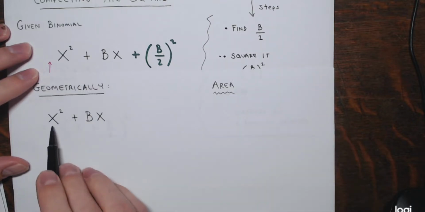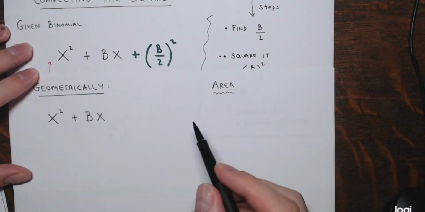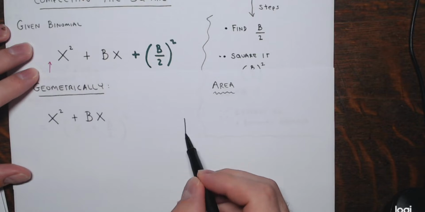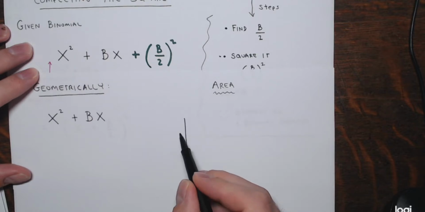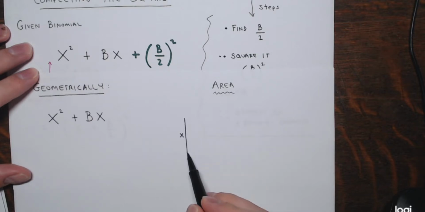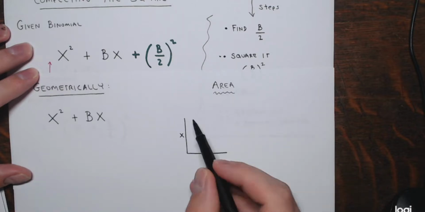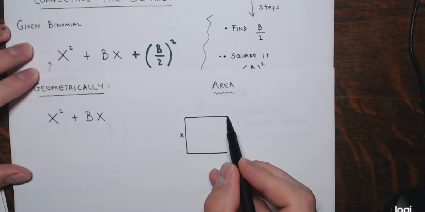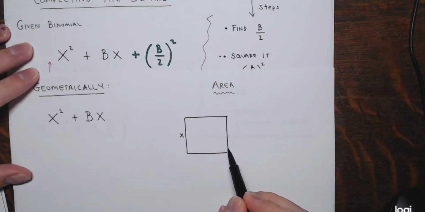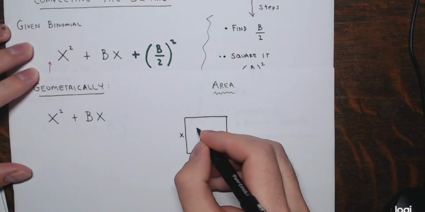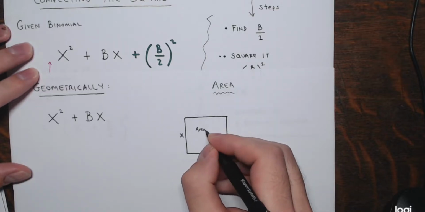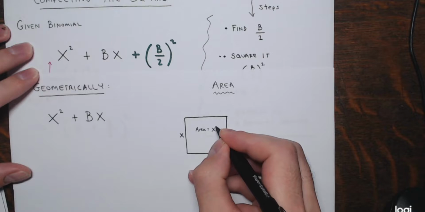X squared: a figure with an area of x squared. Let's say this segment that I just drew has a length of x, and I'm drawing a square with the area of x squared. So an x by x square has an area equal to x times x, x squared.